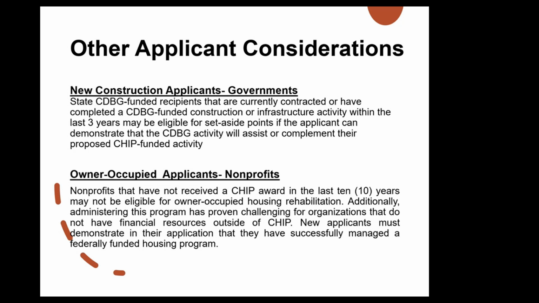So that's what we're looking at. You will receive extra points if you have that infrastructure built into your CDBG award, where you can build out a neighborhood, and then you can use your CHIP funding award to build out the homes. They can kind of work together. And so that's one of our considerations.